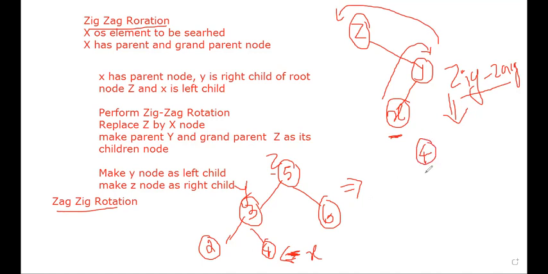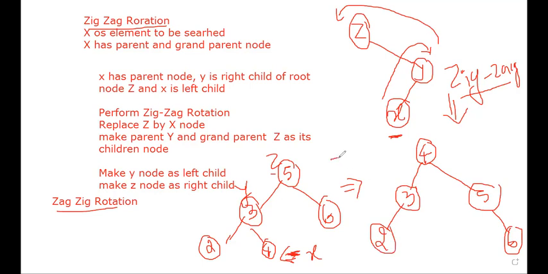Then Y is on the left side and Z becomes the right side. Then the 6 is a right child of 5.